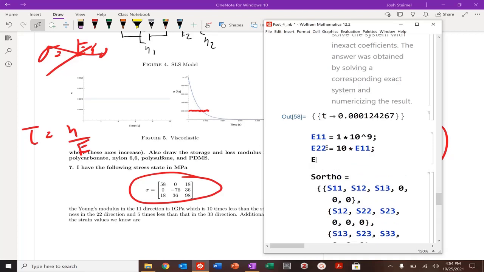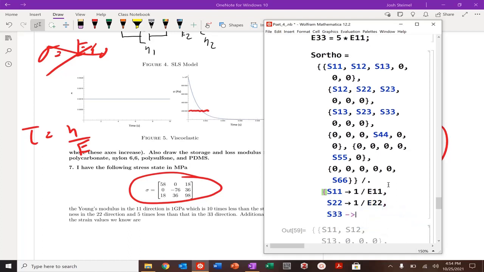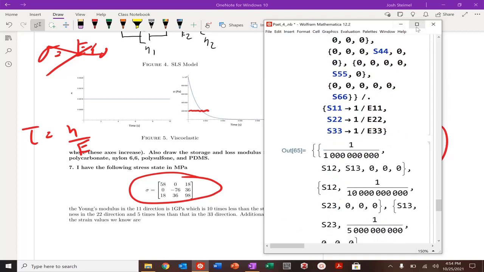And then E33 is 5 times E11. So I got those values, and now I can substitute in here. I know that S11 equals 1 divided by E11, S22 equals 1 divided by E22, and S33 equals 1 divided by E33. And we could plug that in here.